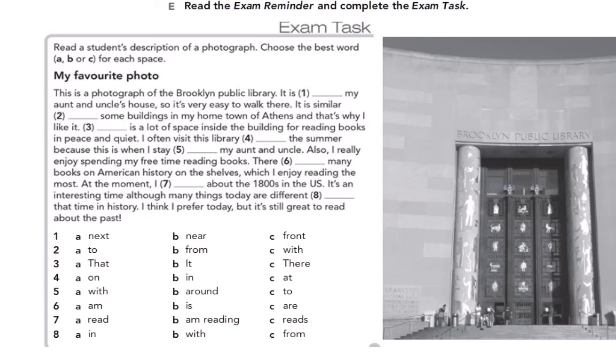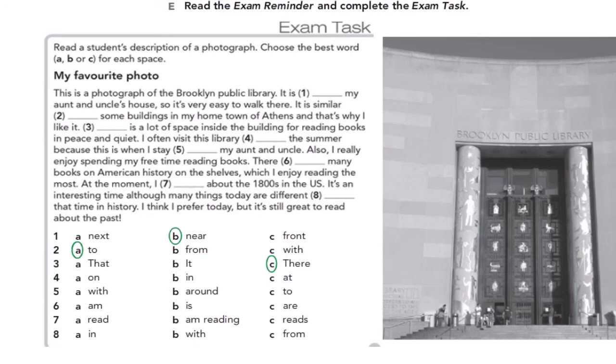Let's answer it. This is a photograph of the Brooklyn Public Library. It's near my aunt and uncle's house, so it's very easy to walk there. It's similar to some buildings in my hometown of Athens, and that's why I like it. There is a lot of space inside the building for reading books in peace and quiet.